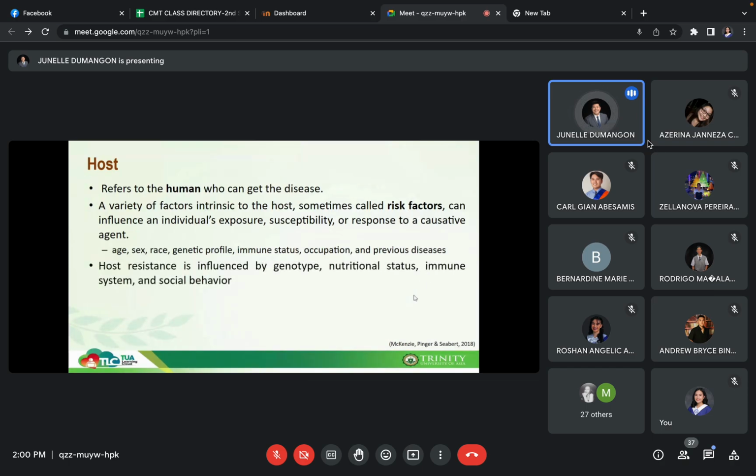Now, there is also what we call host resistance. What is host resistance? Host resistance naman are a person's protective barriers against a disease. Diba? So, let's say, somebody enters the classroom and that person has COVID-19. Not everyone in the room will get COVID. Why?